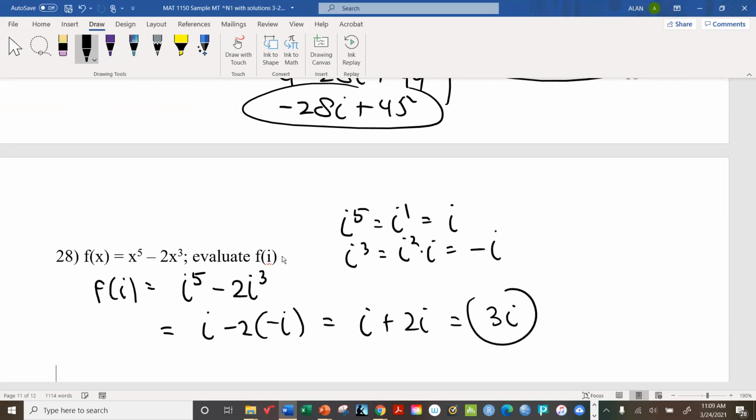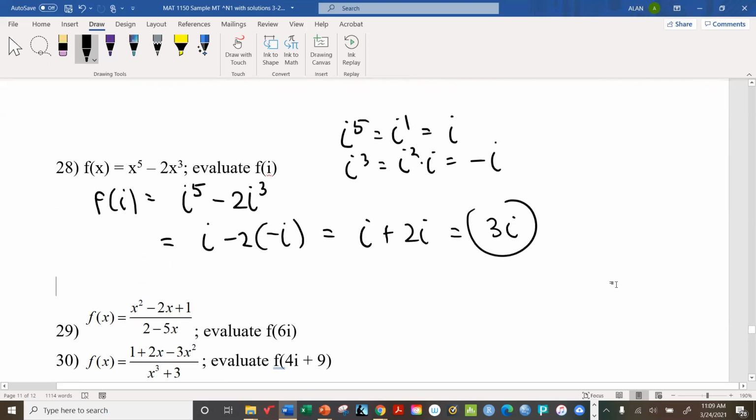So you can reduce it very nicely to 3i. Boy, that's interesting. This expression, which looks pretty scary, reduces very simply to 3i. And that's, of course, because of our knowledge of the exponents.